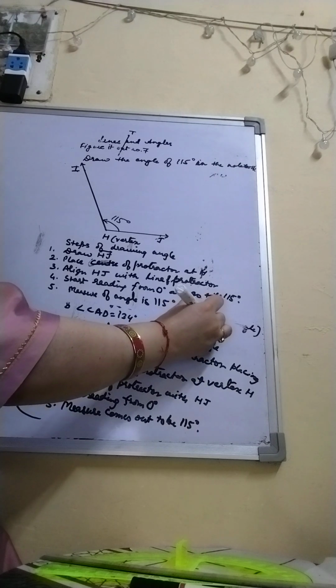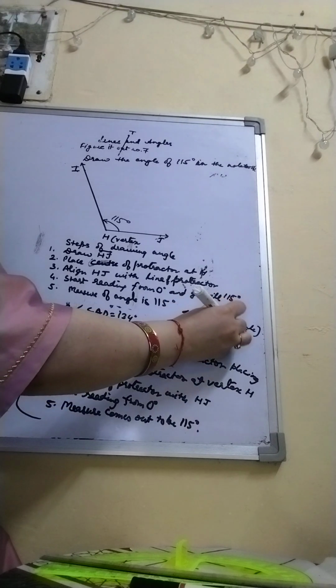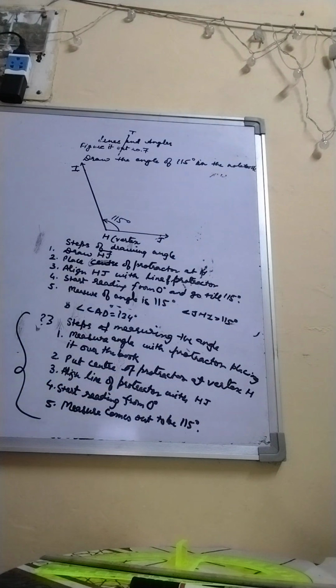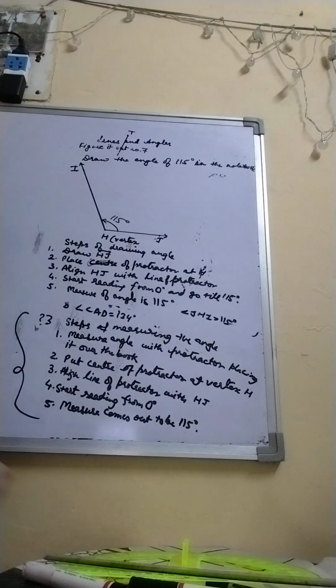Angle JHI is 115 degree. So this is the finish of this exercise. This figure it out is done.